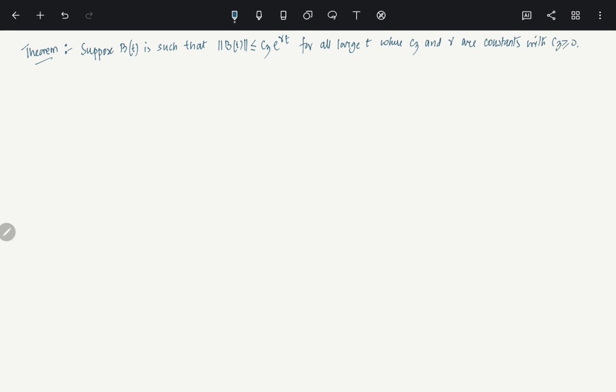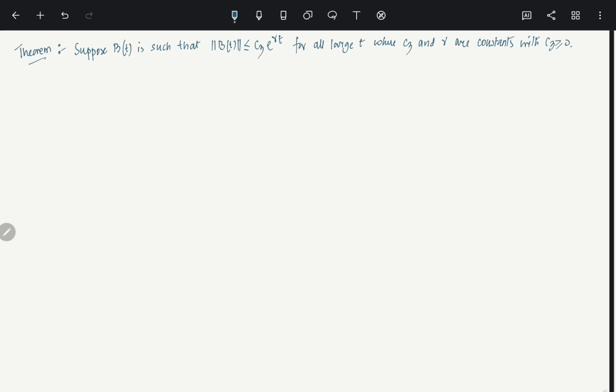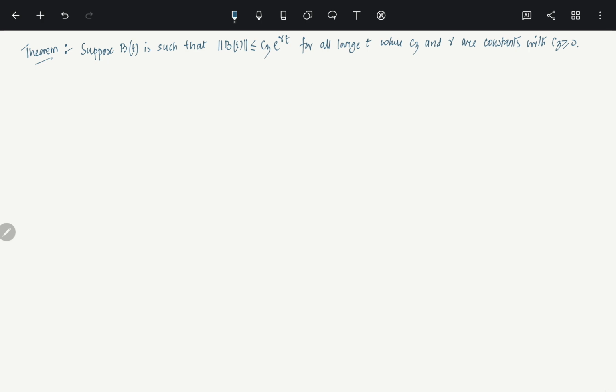When is c3 0? If it is 0, then the norm of b of t is dominated by 0, which again dominates 0, so the norm of b of t has to be 0 and all entries have to be 0. So basically we are in the case of the homogeneous equation then. So c3 is greater than or equal to 0, this we will assume.